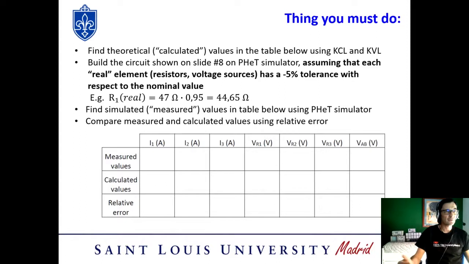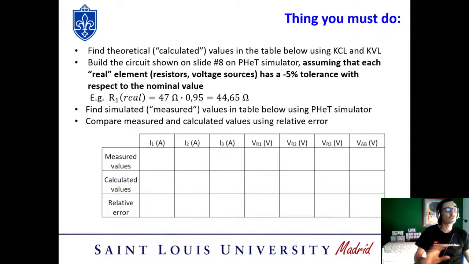If you subtract 5%, that means you multiply by 0.95, you will get a value of 44.65 ohms. That's the real value we can associate to a real device like a resistor having this tolerance.